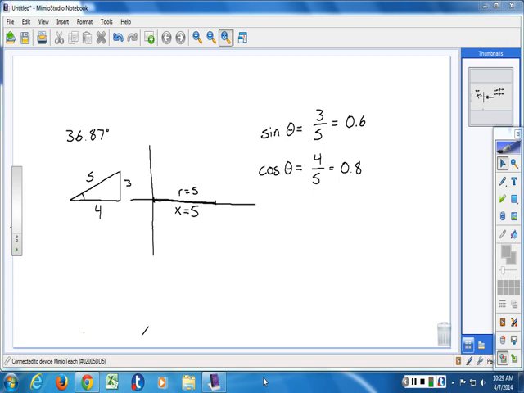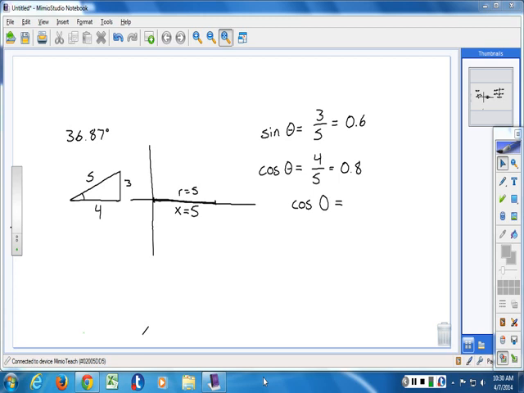So if this radius is 5 and the x distance is 5, what ratio or what relation do those have to each other? 1. It's a one-to-one ratio once it's simplified. That means cosine of 0 should equal 1, and what do we get? 1. And when you plug in your calculator, cosine of 0, that's what you get, is 1. So sine of 0 was 0. Cosine of 0 is 1 because it's dealing with the horizontal distance instead of the vertical distance, which means those were exact opposites of each other.